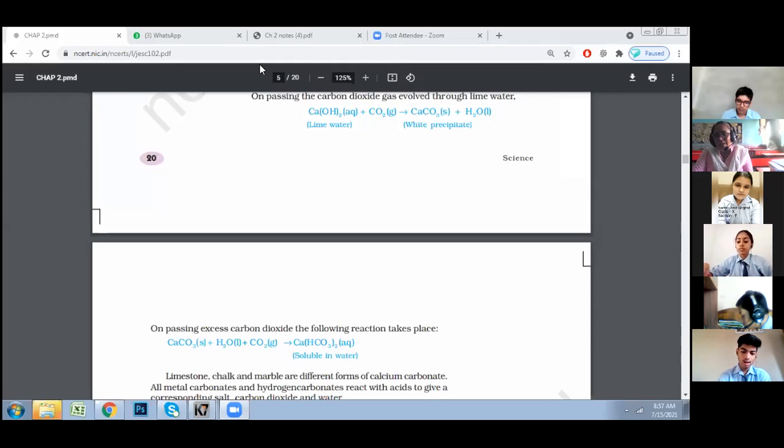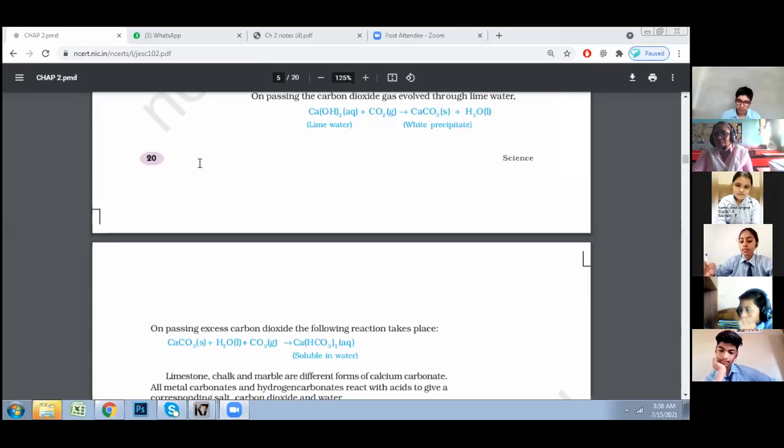So what we are doing here, we are passing carbon dioxide gas through lime water. In chapter 1 also we have learned lime water was formed by adding water to calcium oxide, right? Quick lime, right? That solution was used for whitewashing also. So that's the way we get the lime water.